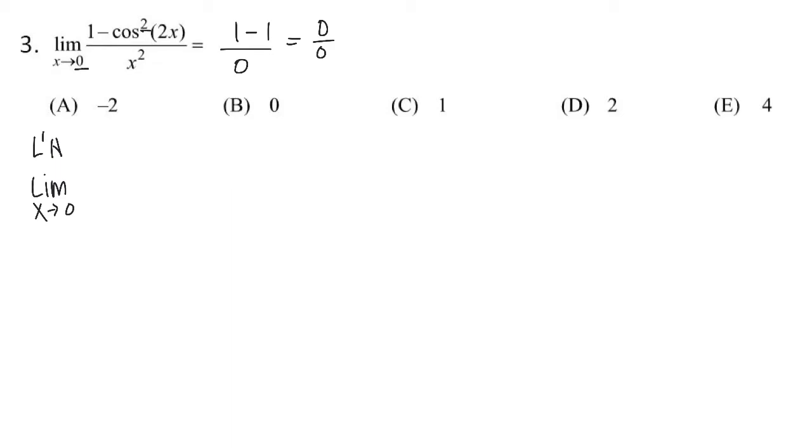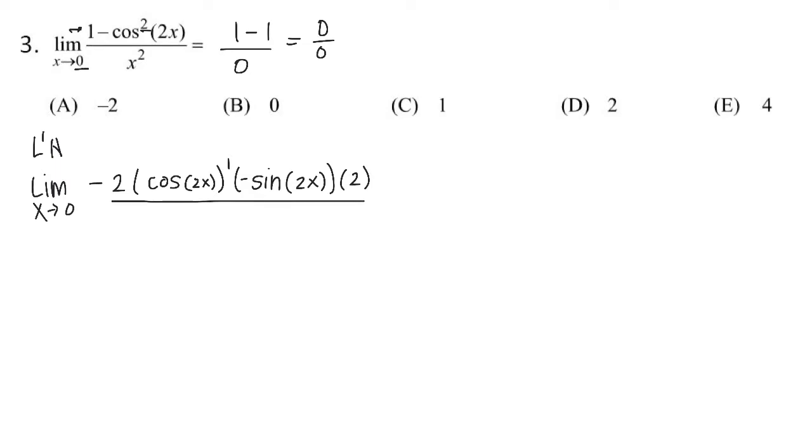Well, the derivative of cosine squared, we're going to have to do chain rule here. Of course the derivative of 1 is 0. But we're going to have 2 times cosine of 2x to the first power times the derivative of the inside, which is negative sine 2x, and then finally the derivative of 2x, which is 2, and all of that is over 2x, sorry.